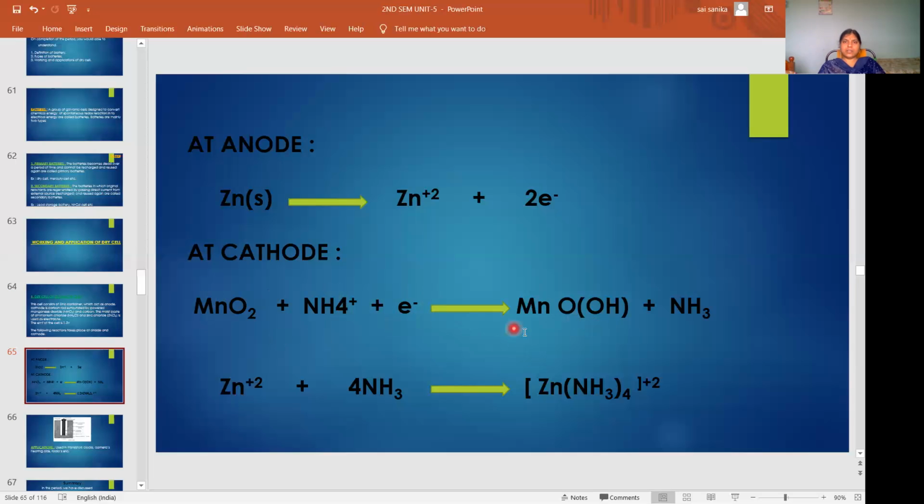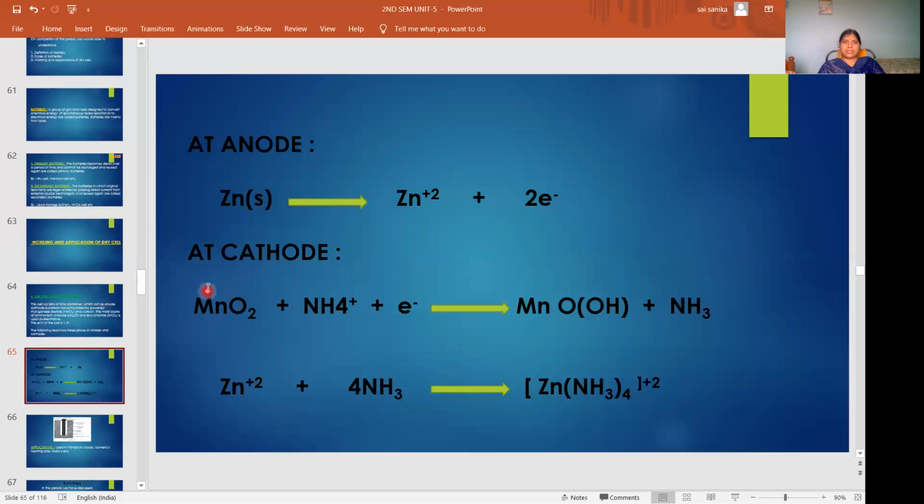Then it is converting into MnOOH. That means its oxidation state is changing from plus 4 to plus 3. And what is released? Ammonia gas is forming. So here NH4+ is giving off one hydrogen, so it will be converted into NH3. So this is the reaction taking place at cathode, that is MnO2 converting into MnOOH.